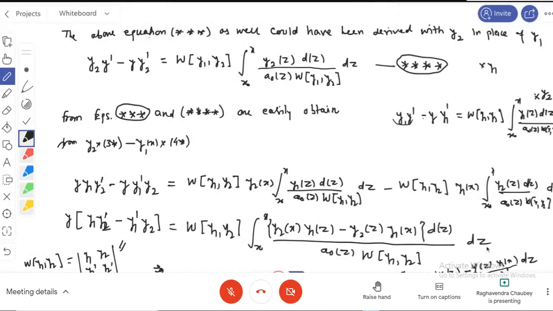Okay, so this is your final formula. What is the general solution? The general solution y(x) for the non-homogeneous differential equation is this thing, y2x y1z.